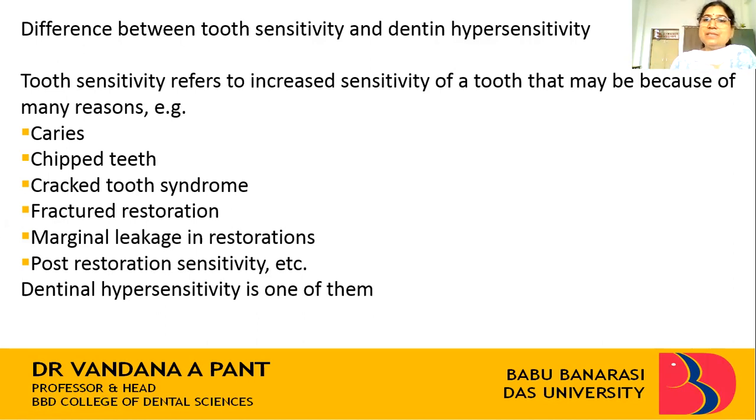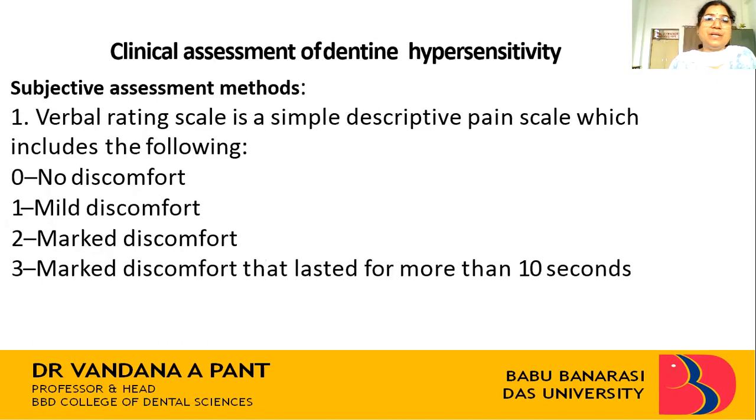And dentinal hypersensitivity is one type of sensitivity. So dentinal hypersensitivity can come under the category of dentinal sensitivity, but dentin sensitivity, when we say it, is not necessarily related to hypersensitivity. Hypersensitivity will be a separate entity.